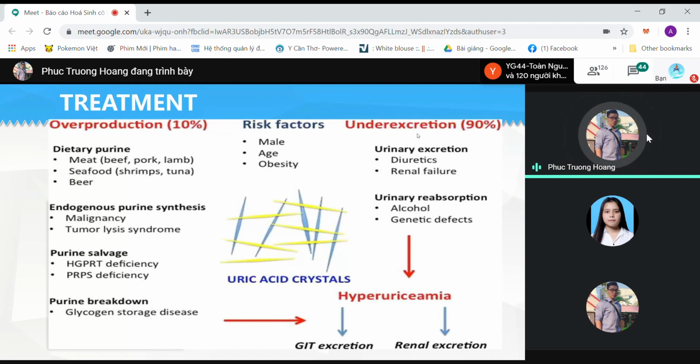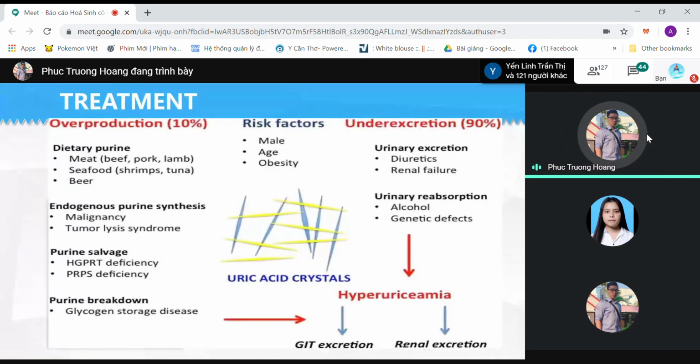Underexcretion may come from using diuretics, maybe your kidney has some problem like renal failure, or maybe you consume a lot of alcohol, or you have a genetic defect. All of this, together with risk factors like male sex, age, and obesity, will create hyperuricemia, and it will increase the renal and gastrointestinal tract excretion.